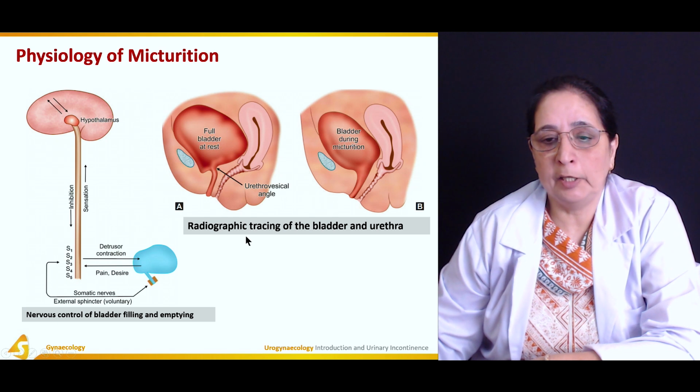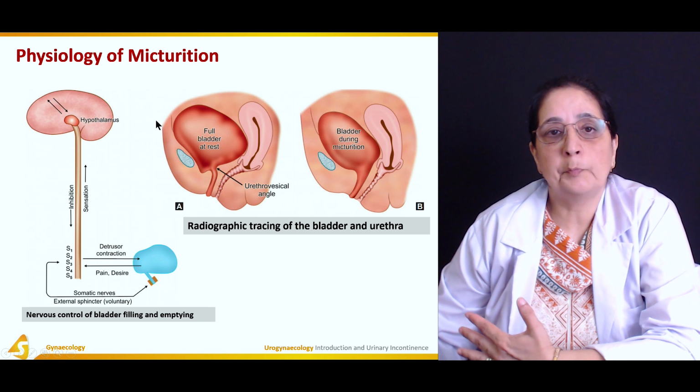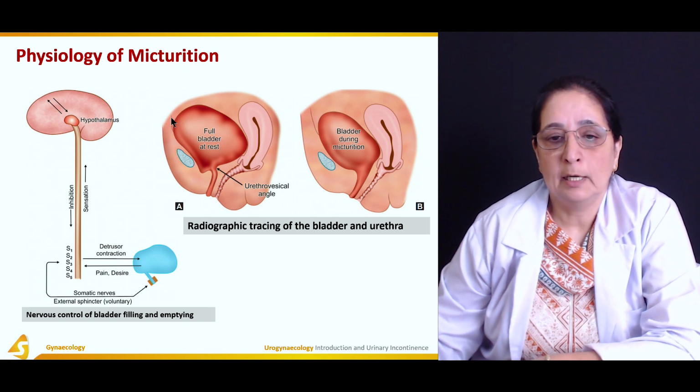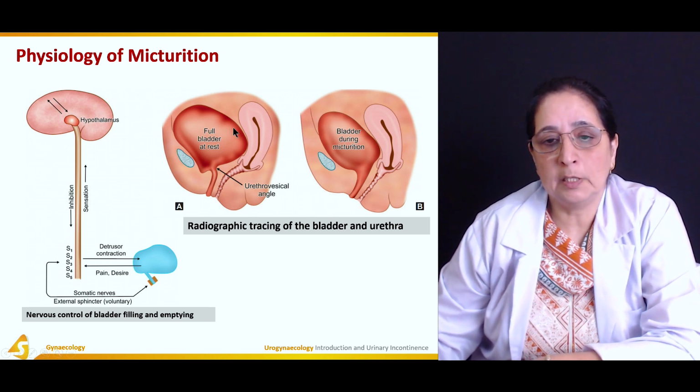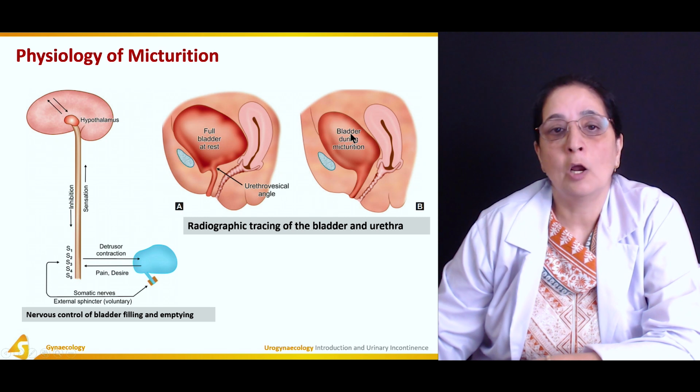So this is the radiographic tracing of the bladder and urethra during the process of micturition. This is the full bladder. If you see, this is the full bladder at rest, and this is the bladder during micturition, when you can see it's shrinking and the muscles are contracting.